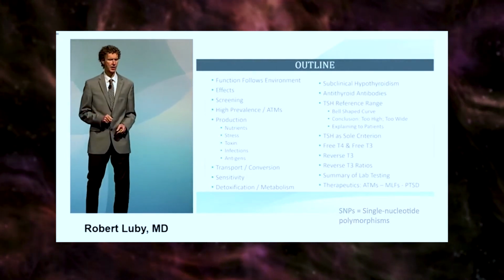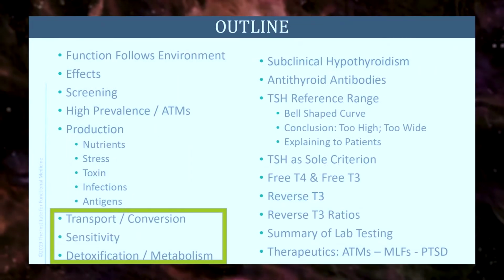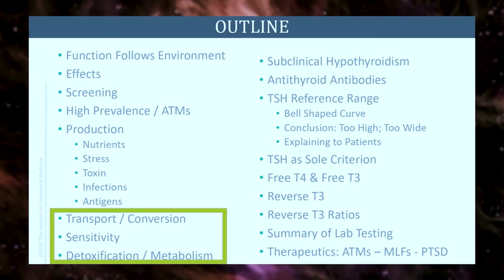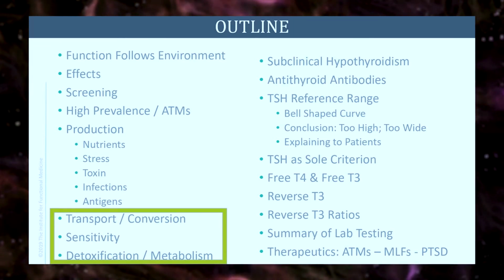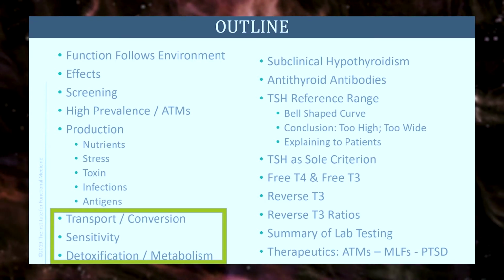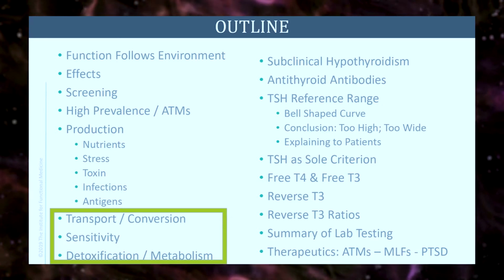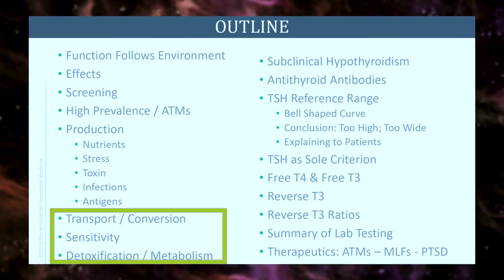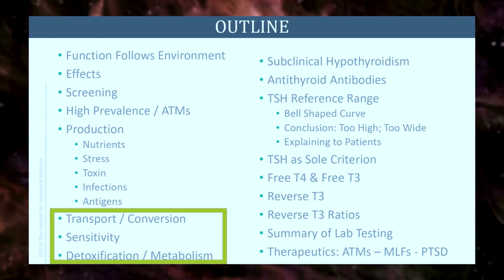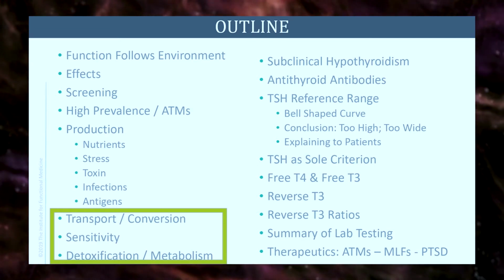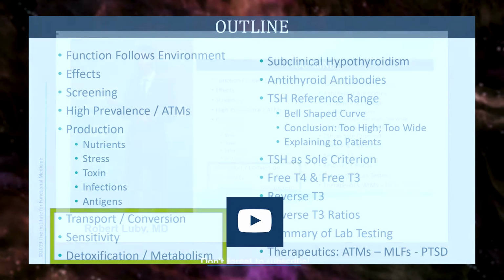Okay, next chunk of content. We're going to move away from production now to transport, conversion, sensitivity, detox, and metabolism. So for the thyroid, in terms of putting this together with the whole HPA-TG axis, what's most important is being able to use your therapeutic interventions for improving production and conversion.